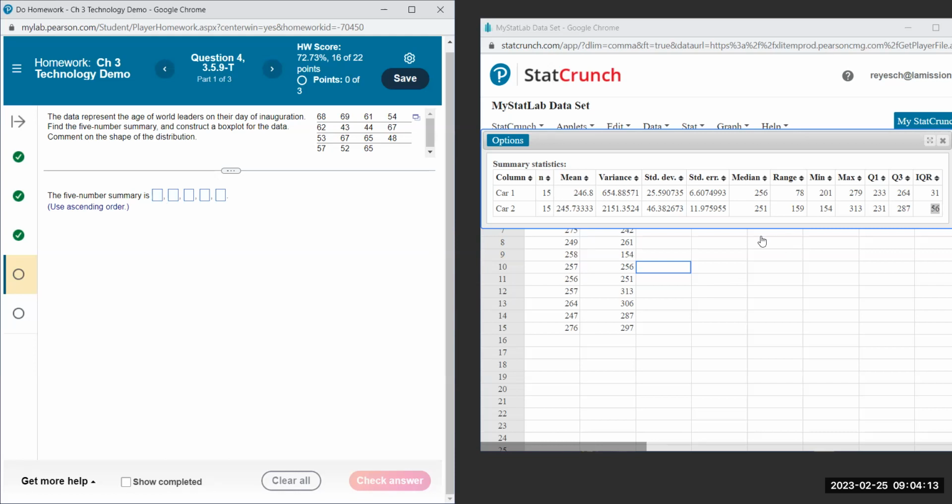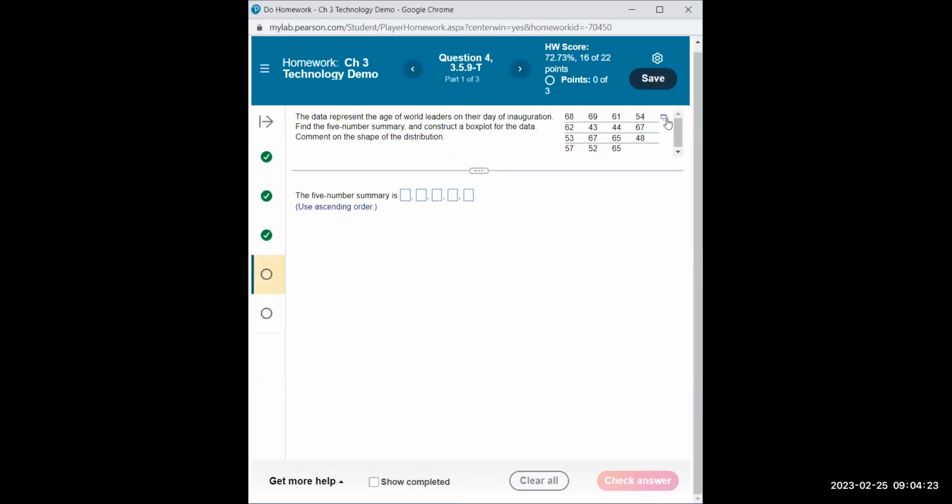So here we are, the 5-number summary. You just have to know it's the smallest. So let me open this in StatCrunch and share that screen with you. So go ahead and open it on your end.